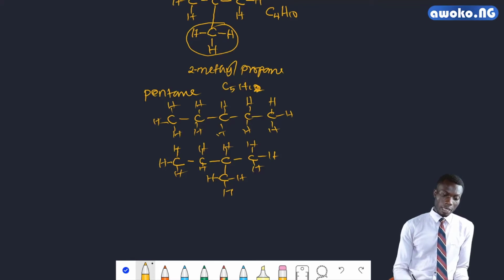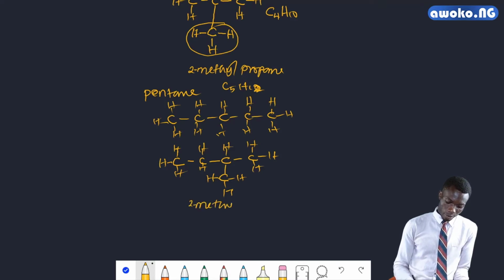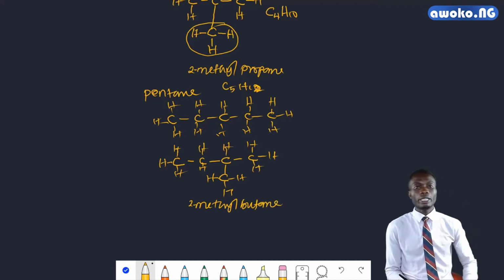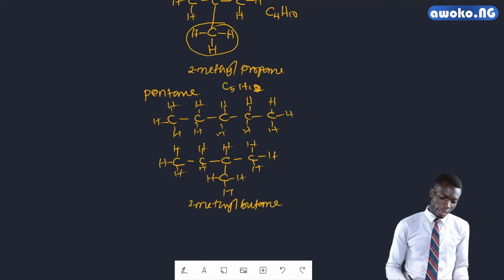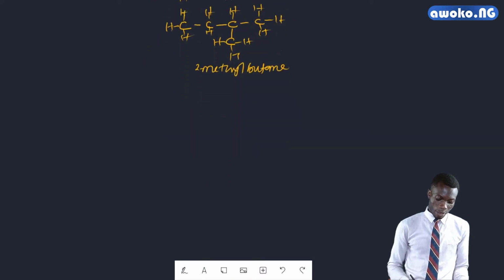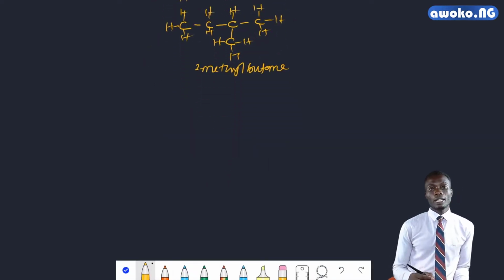So this is an isomer of pentane. So we call this 2-methyl-butane. So this is named 2-methyl-butane, and it is an isomer of pentane.